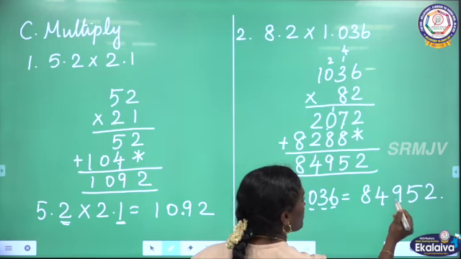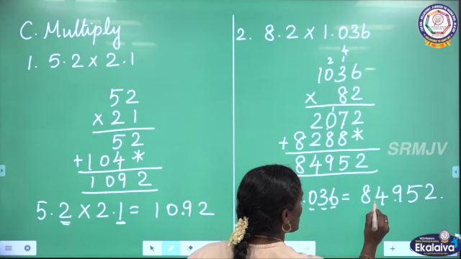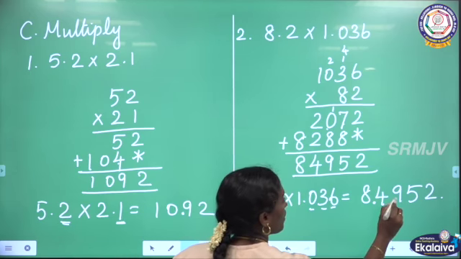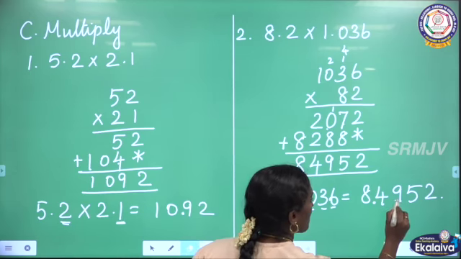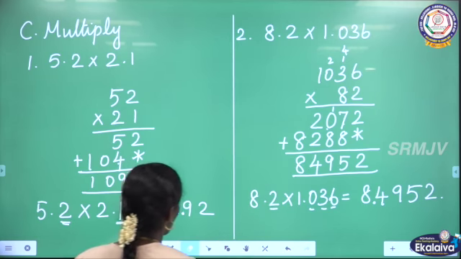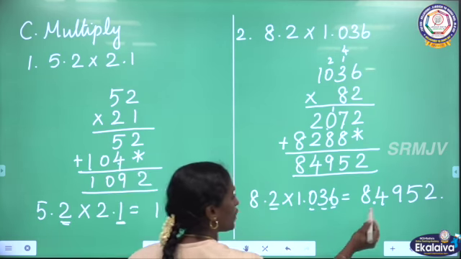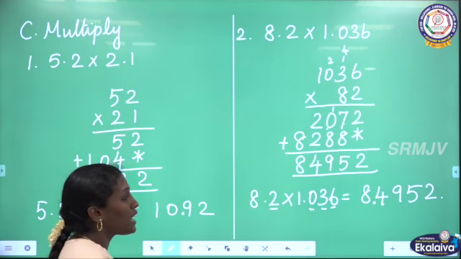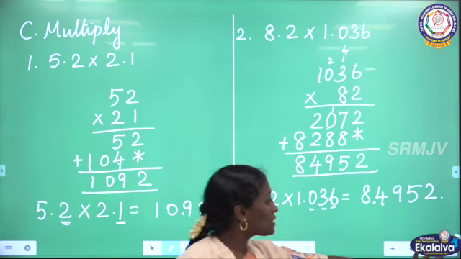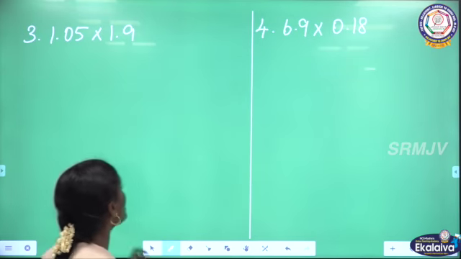So from the last, before 4 digits, 1, 2, 3, 4. Before 4 digits we have to keep the decimal point. Then the answer is 8.49252.